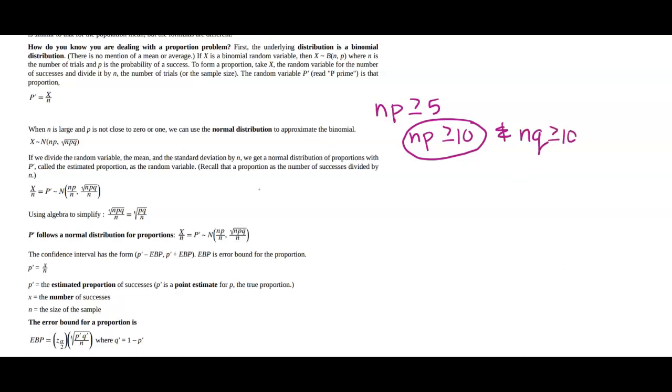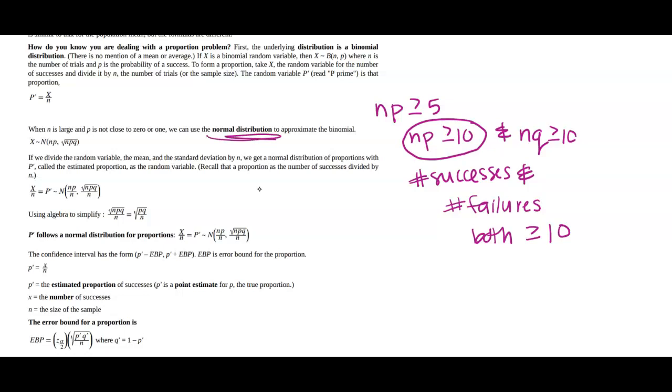What that means is the number of successes and the number of failures are both greater than or equal to 10. And as long as you have that, then we can use a normal distribution here for the binomial model.